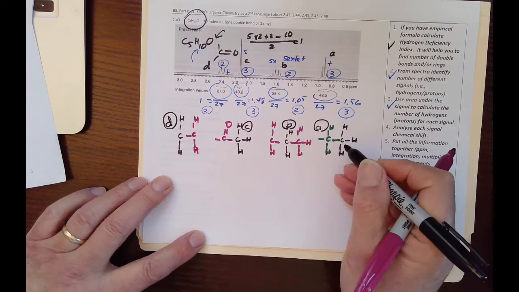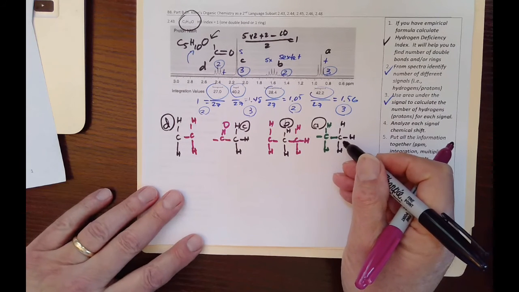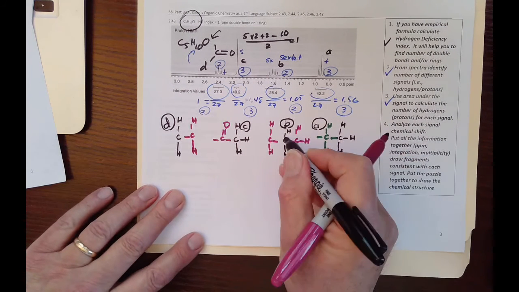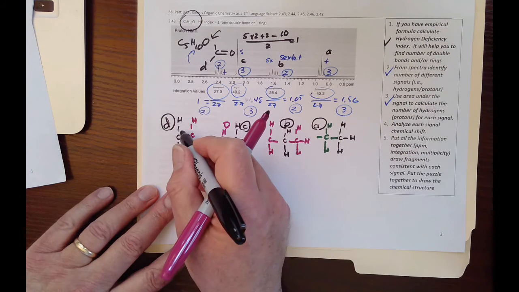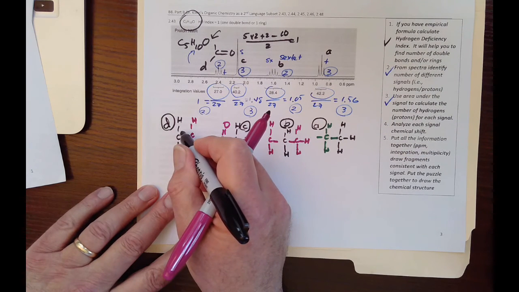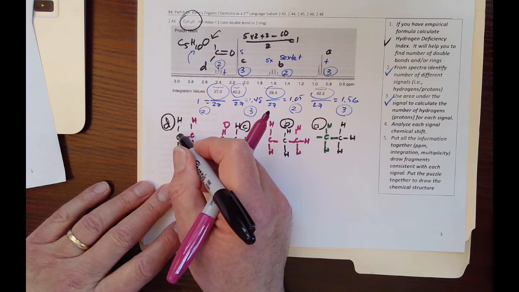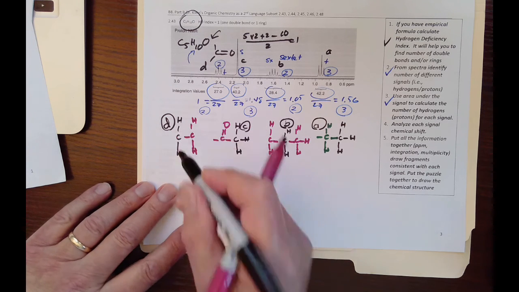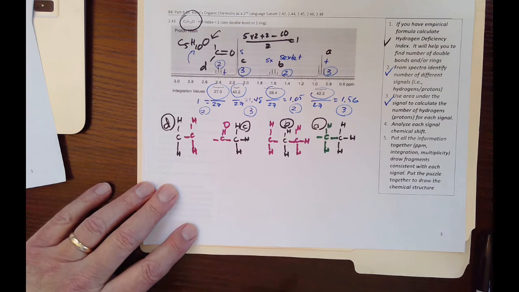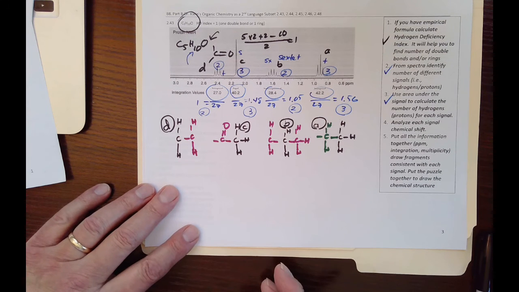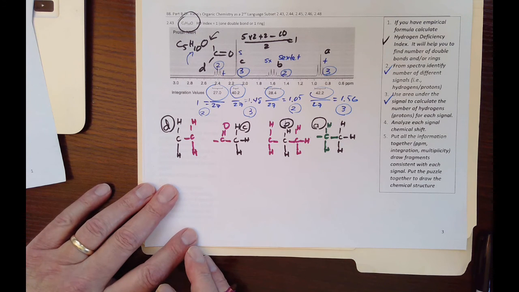So we now have an idea of A, B, C, and D. Now we have to put them together. Again, it takes time, it takes practice, and we just try it. If it doesn't work, we go back and look at it again. So let's start with the carbonyl group.